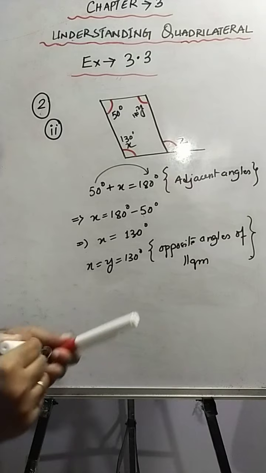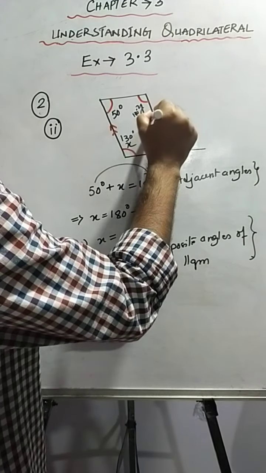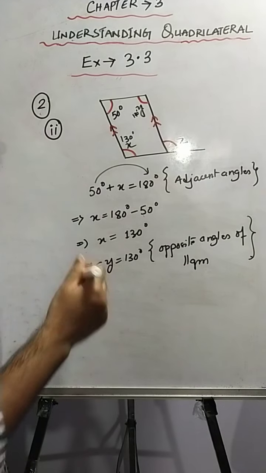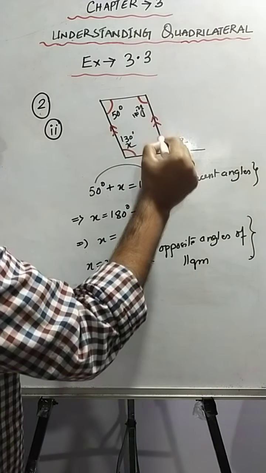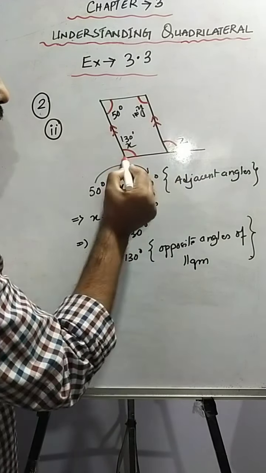Now we know this as 130 degrees. Now consider these two lines as parallel, as I said initially. If these two lines are parallel, then consider this as a transversal line. We have studied the properties of parallel lines. So what is the connection of these two angles?